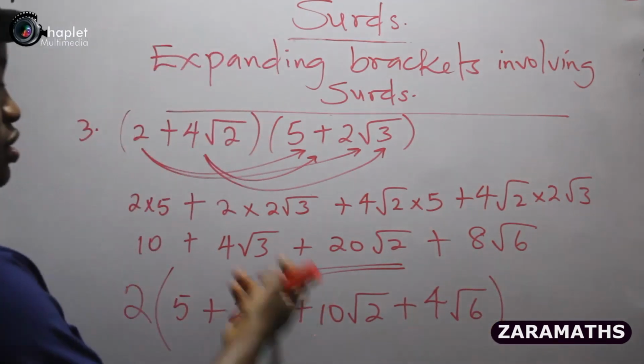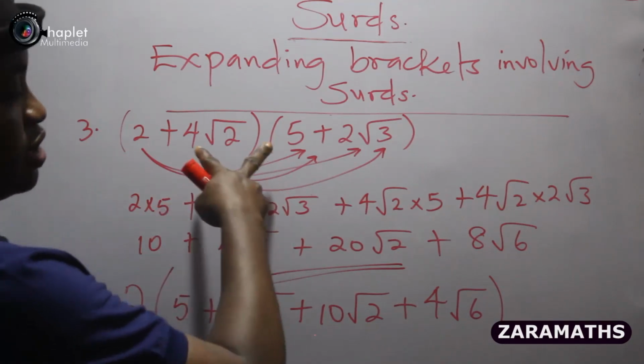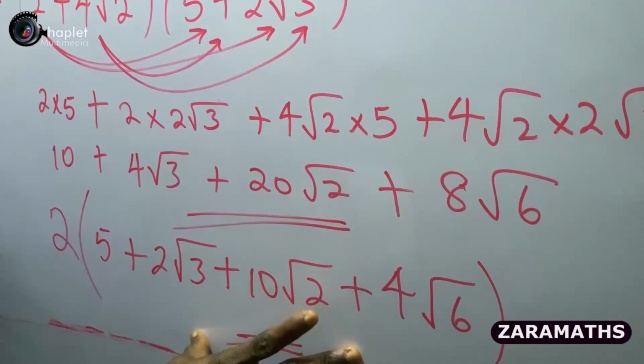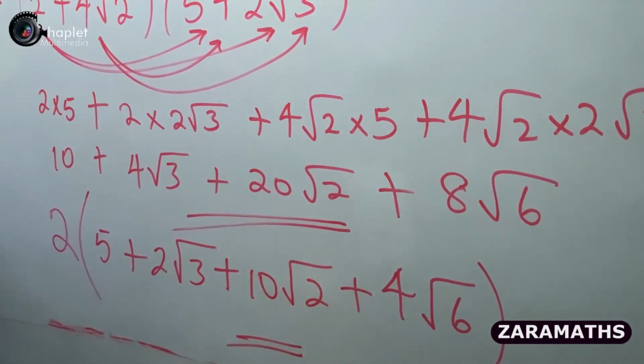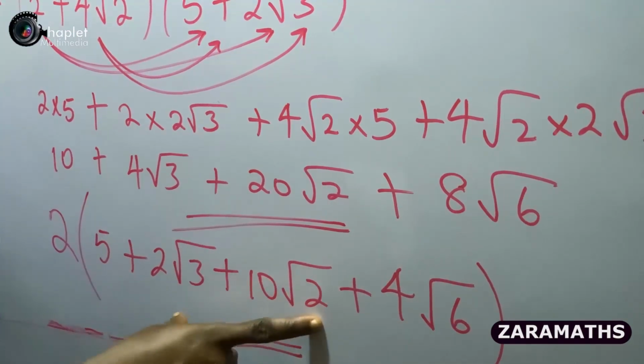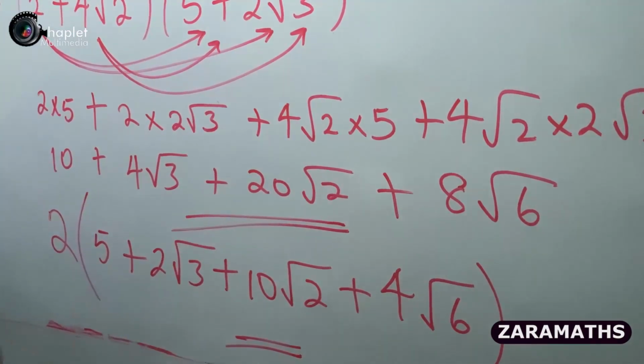So this is the same as this, and it is as a result of the expansion of this. This answer, we are stopping here because the surds are not having the same numbers underneath their roots.